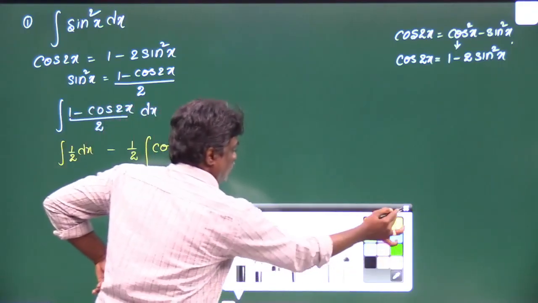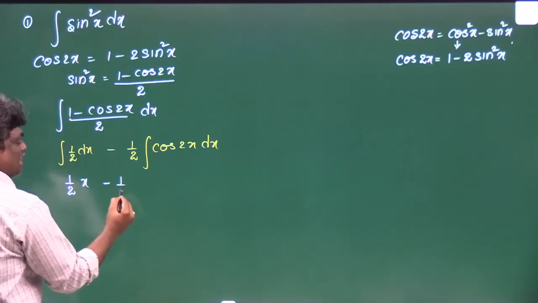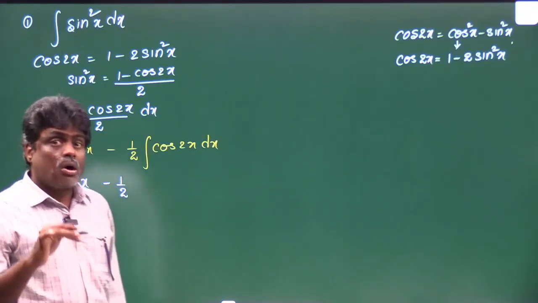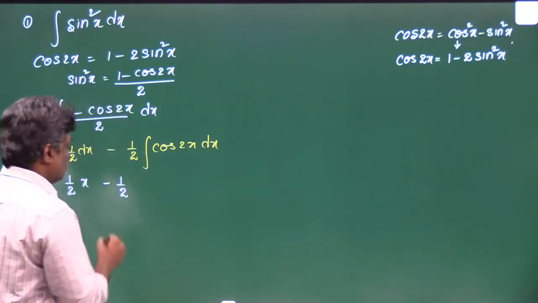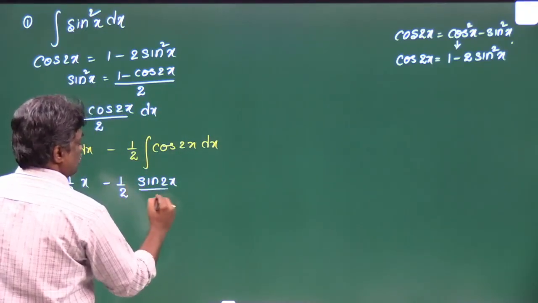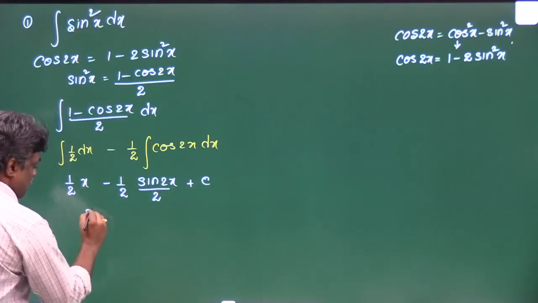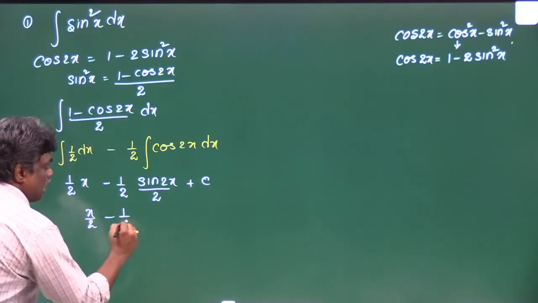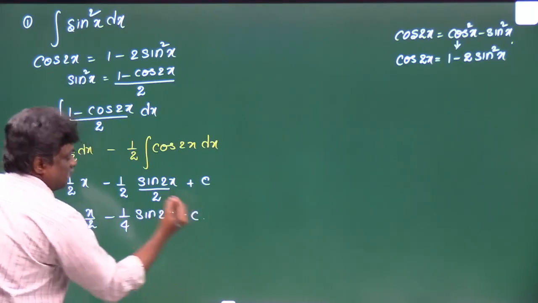So already we have explained, this is 1 by 2, integral dx is x, and of course here it is minus 1 by 2 outside, and cos 2x integral is sine 2x by 2. Of course plus c, some constant. Finally x by 2 minus 1 by 4 sine 2x plus c.